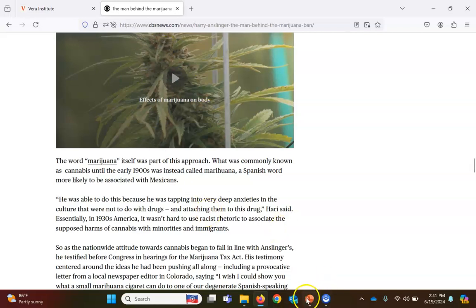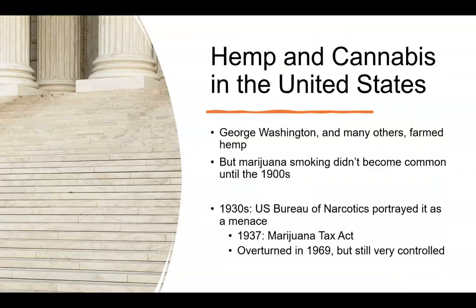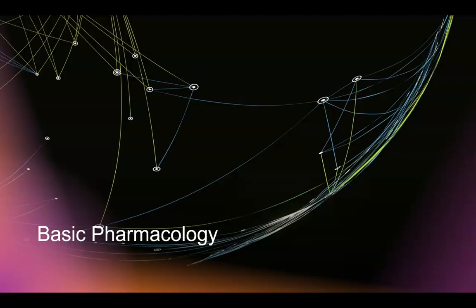So you can see why, especially later on, you continue to see this demonization of cannabis, partially because of Anslinger's actions, and additionally, the racism continued to ramp up based on the war on drugs.